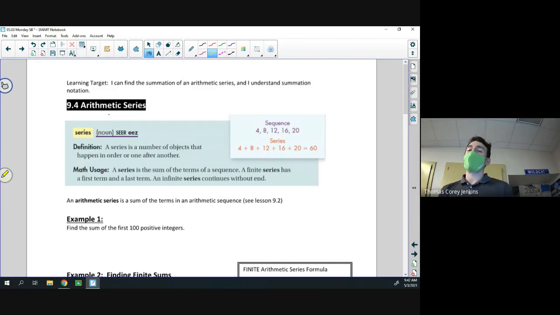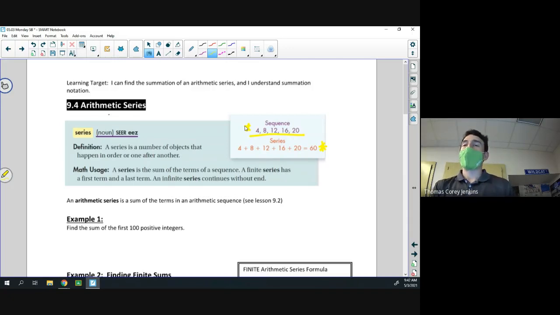Basically, when we think about a series in math, we're thinking about adding up a series of numbers. Like an example here, if that's the sequence, then we can get the sum by adding all of those numbers together. So the summation of this sequence would be 60.